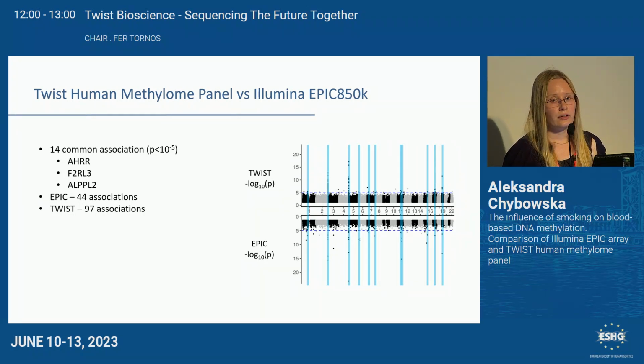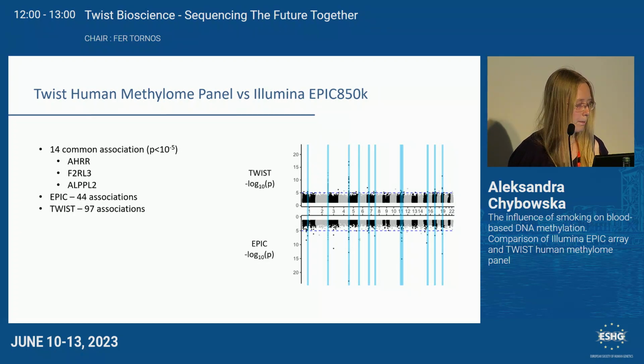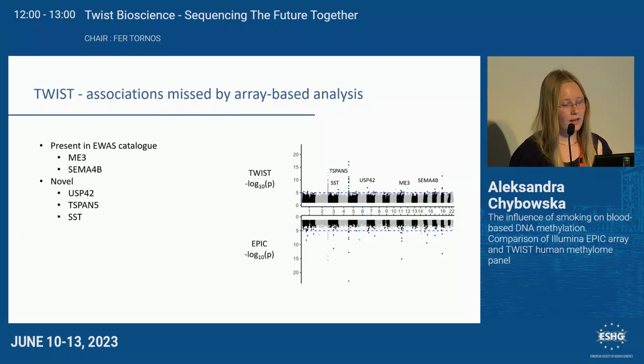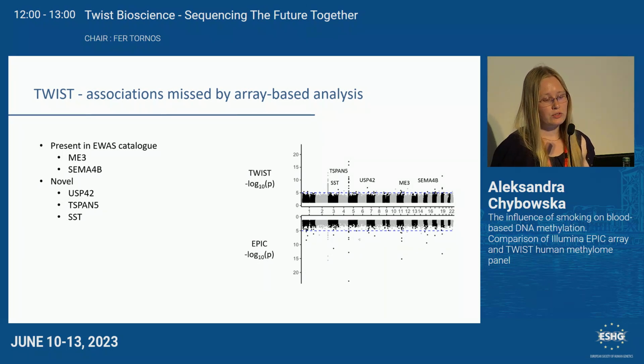Overall, using the EPIC array, we were able to identify 44 associations, whereas we were able to find 97 associations using the Twist kit. There were some method-specific associations, and if we look at associations specific to the Twist human methylation panel, we can divide them into 2 categories.